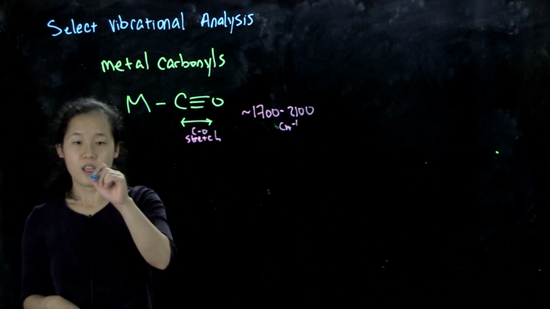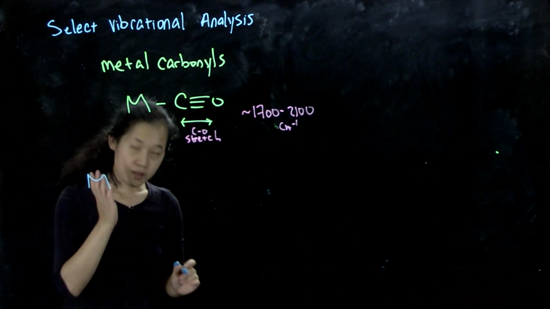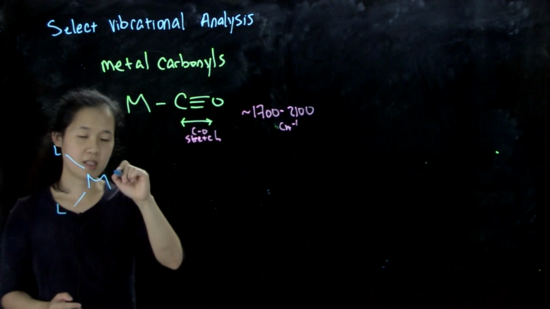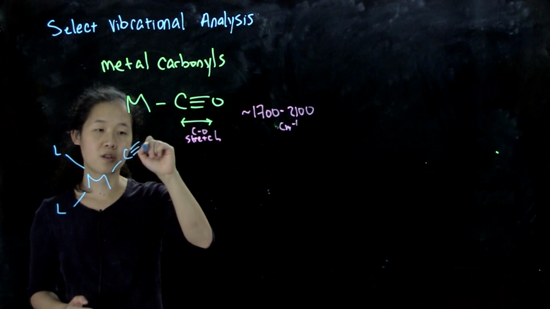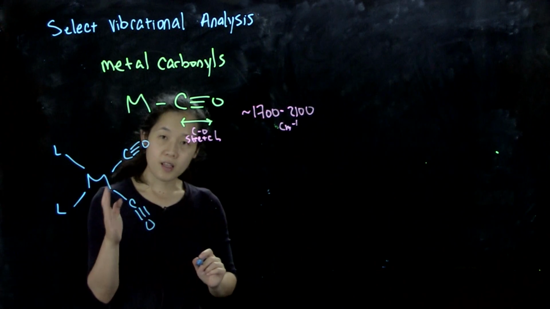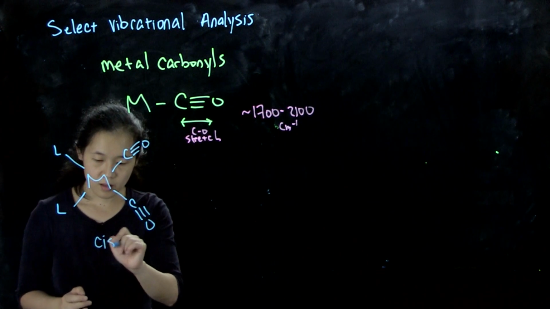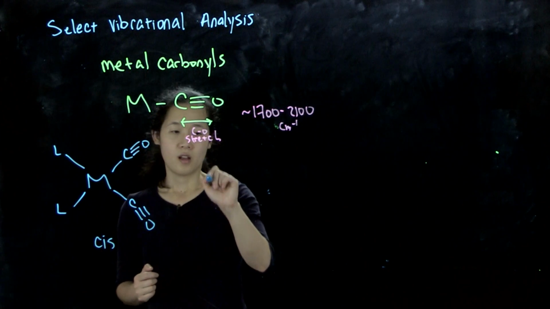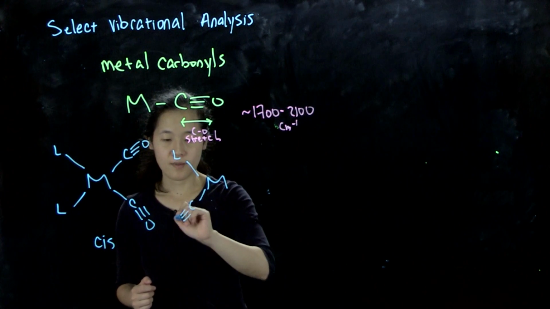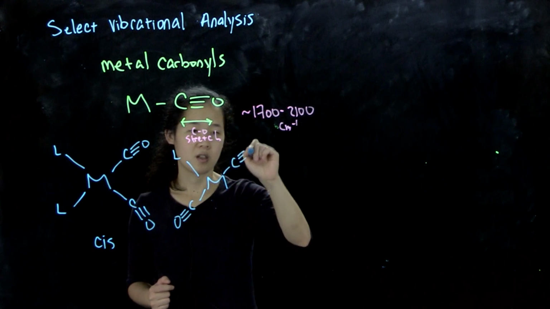If we think about a square planar molecule, it has two ligands here, and we know there are two carbonyls, something like this. This cis geometry molecule is actually going to have very different IR spectra compared to the trans.